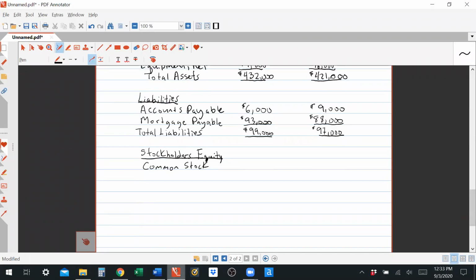So it didn't change in balance. This represents the money that has been given to us by the people who own shares of stock in our company. As of the end of 2018, that much had been given to us. And as of the end of 2019, we don't have any new shareholders. The same amount has been given to us. Now, current shareholders may have transferred their shares to someone else. But as long as they're not new shares that are given out, that won't change. When current shareholders just transfer amongst themselves, this doesn't change.